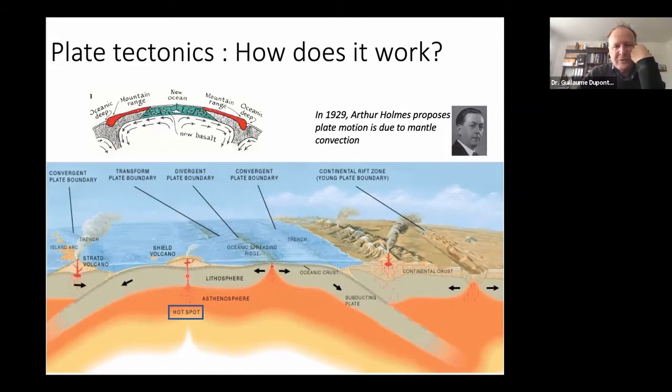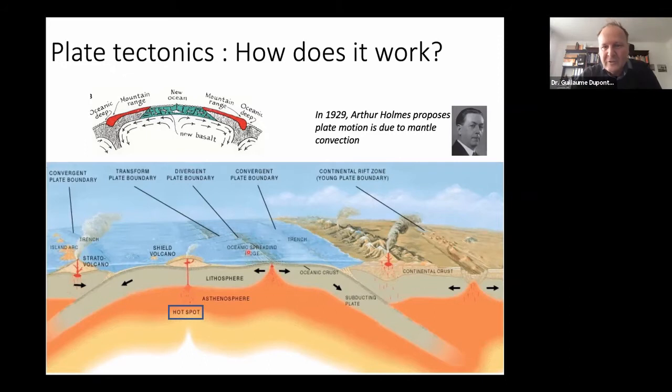So this is what we call a hotspot, but it's not a spreading ridge. It's not going to spread, and you don't have creation of oceanic crust or oceanic lithosphere. It's just a puncture of volcanoes.